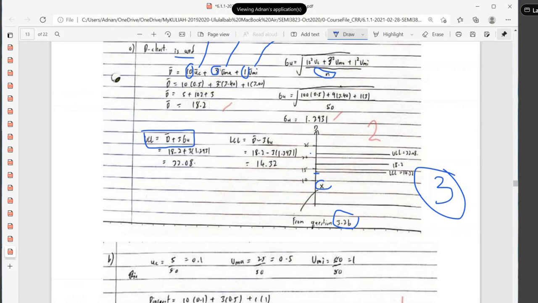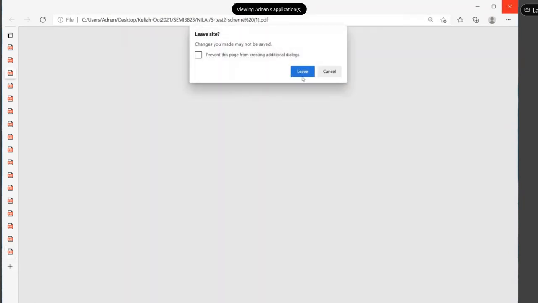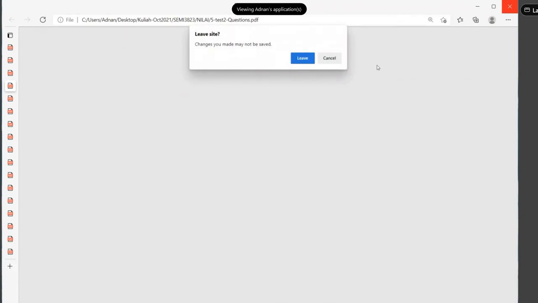Unless you have soalan, bila soalan I can stay online for another 10 minutes. Doktor, untuk satu soalan berapa minit dibagi? Okay, saya gunakan masa kelas, so saya estimate dalam setengah jam lah satu soalan.